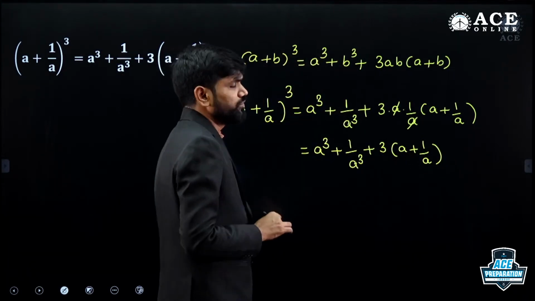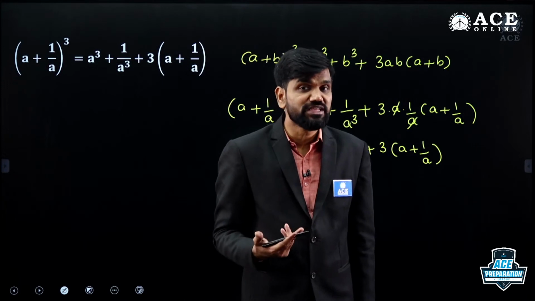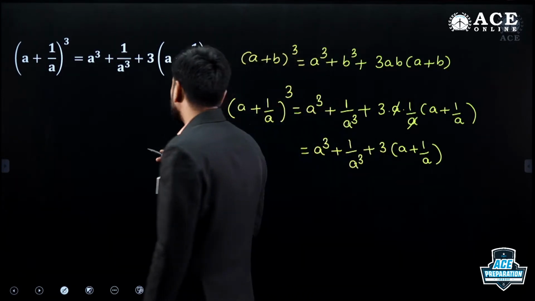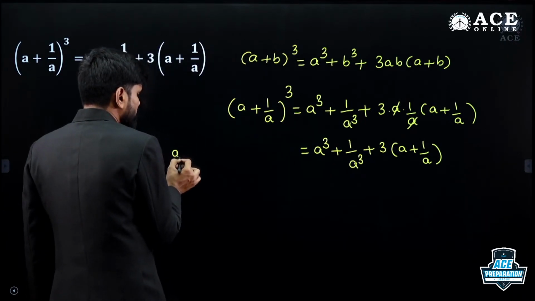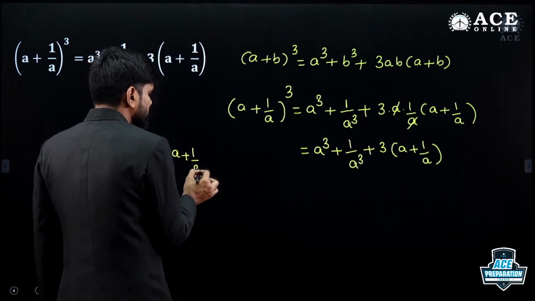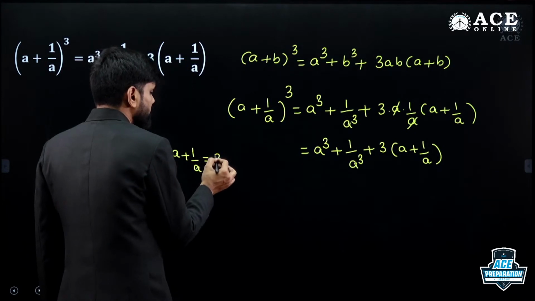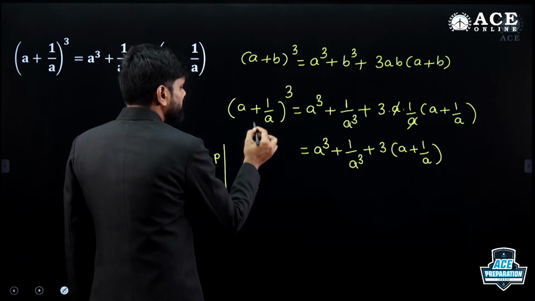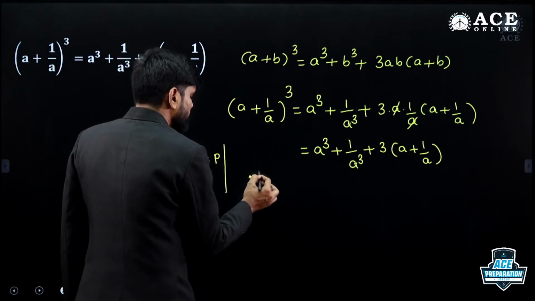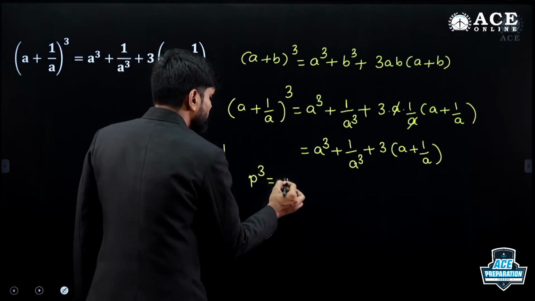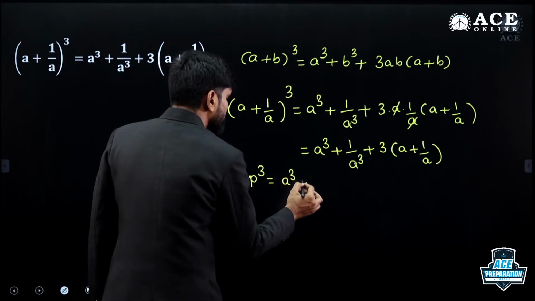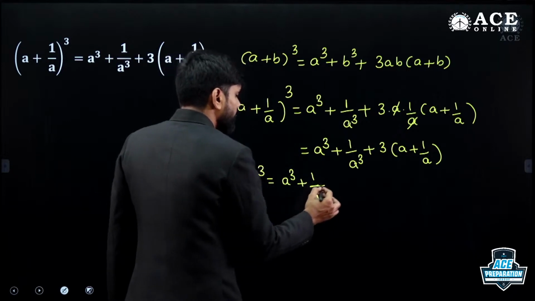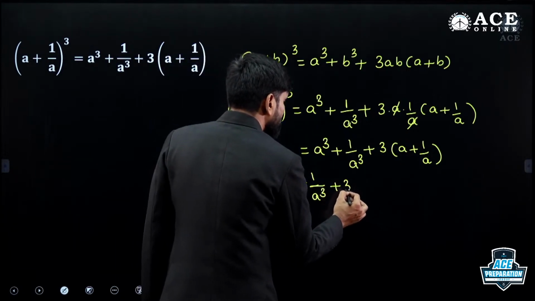So if the value of a plus 1 by a is known, let us say a plus 1 by a is given as p, then p cube is equal to a cube plus 1 by a cube plus 3 into p.